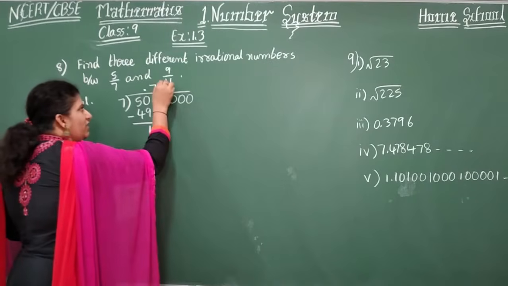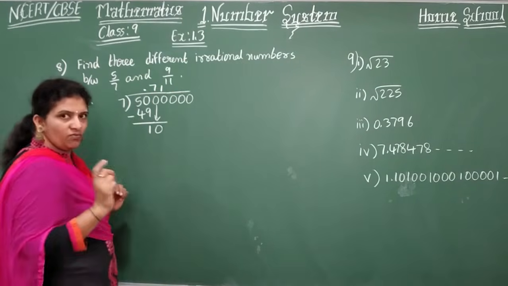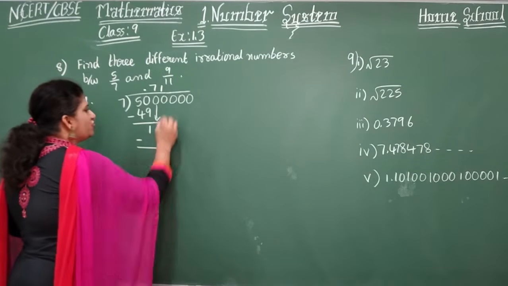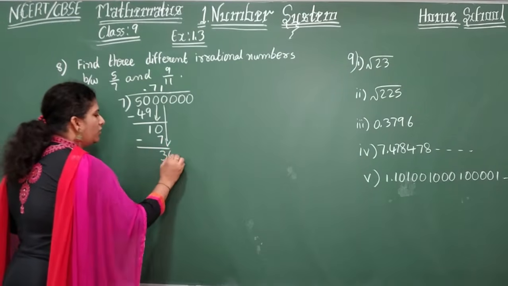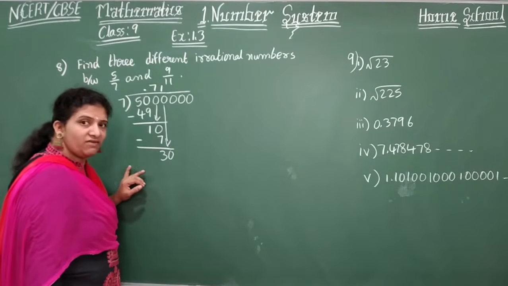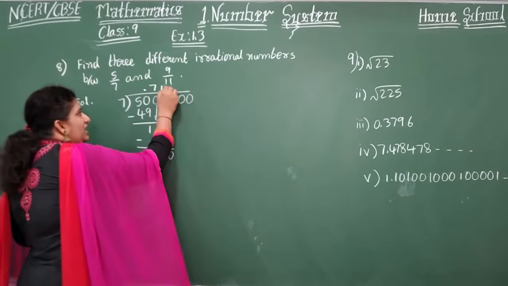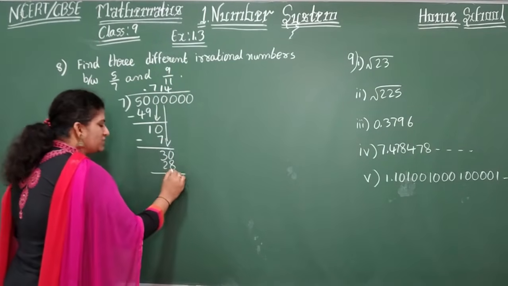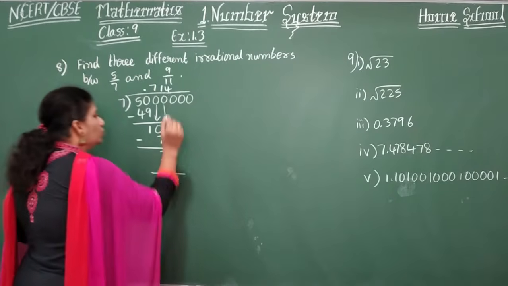In the 7 table where will you get 10? 7 1s are 7. 10 minus 7, 3. Drag 1 more 0. 30. So where do you get 30, children? 7 4s are 28. Now 30 minus 28 will be 2.